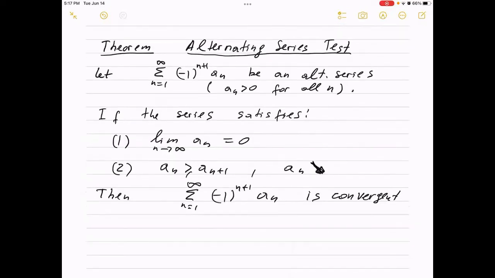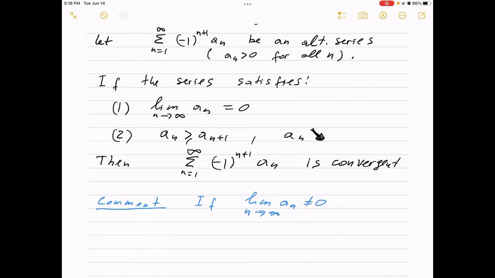I start with a small comment. If the first condition is not met, if the limit of a_n is not equal to 0 when n is approaching infinity, that also means that the limit of (-1)^(n+1) a_n is not equal to 0 when n is approaching infinity.